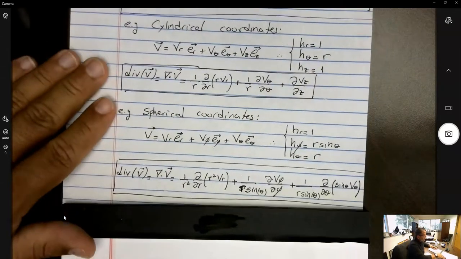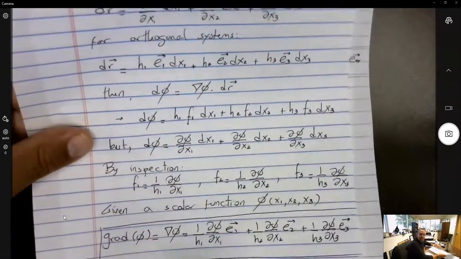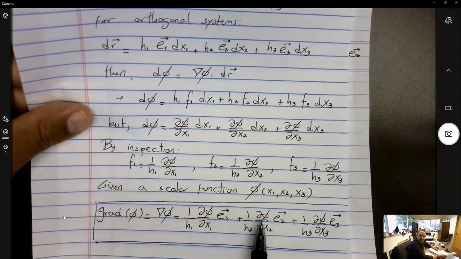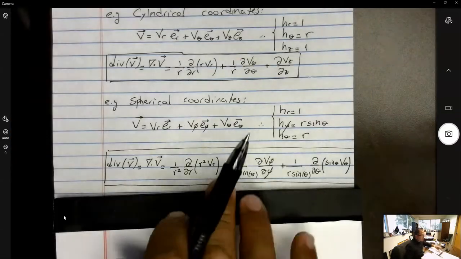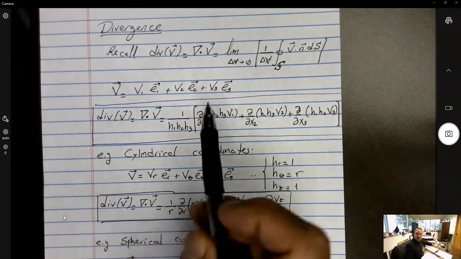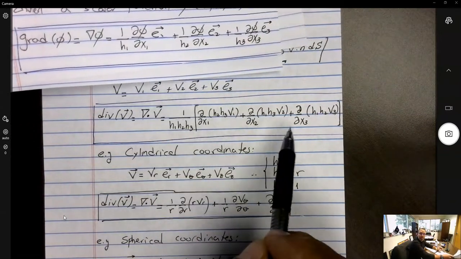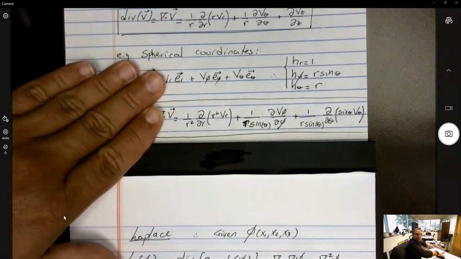So if we have the gradient of a scalar function, which works out to be this, and this is V1, this is V2, and this is V3, right? Then I take the divergence of that expression, and at the end I'm going to have a combination of these expressions with second derivatives. So that is going to work out as follows.